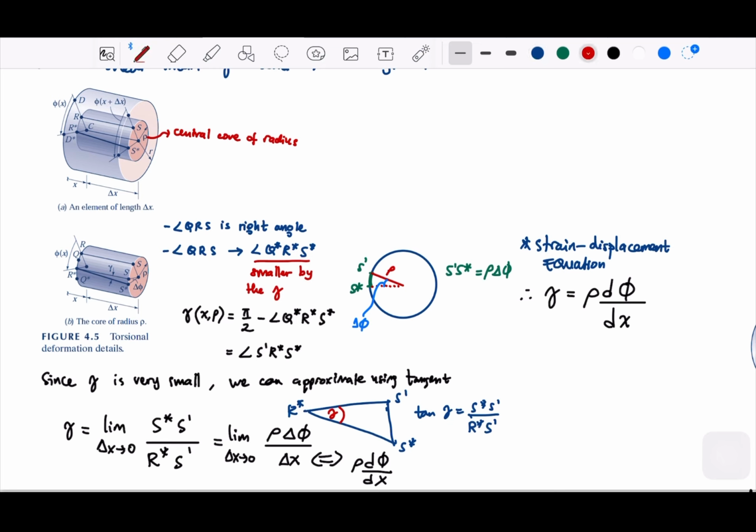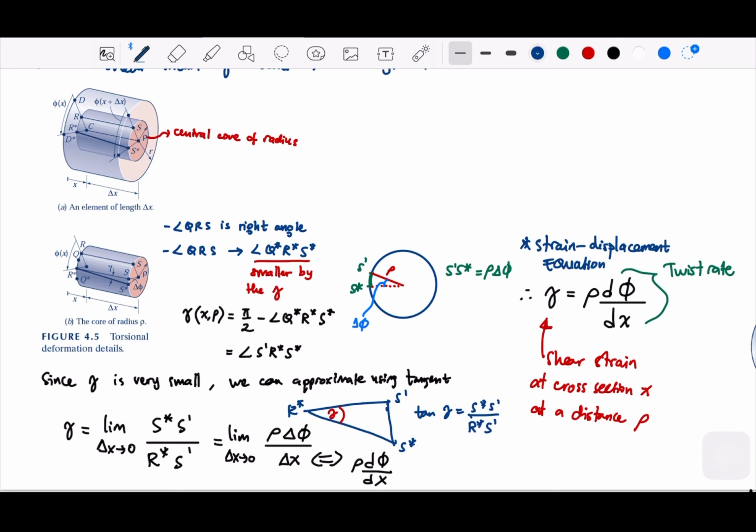So the strain, this is shear strain. Let me write here with some explanation. This is shear strain at cross section x at a distance rho from the axis, and this derivative, this d dx of phi, is the twist rate.